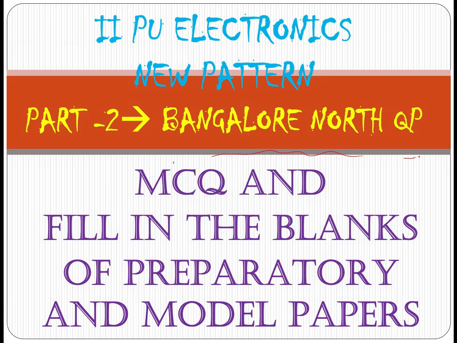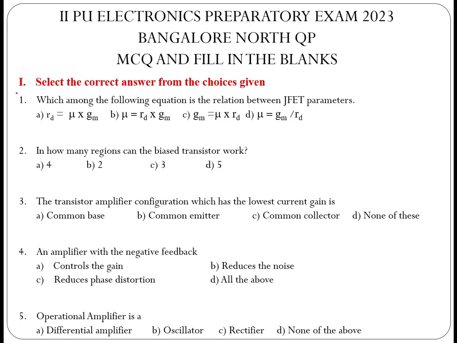Okay, let us start. Part A, first one, MCQs. Which among the following equation is the relation between JFET parameters? For your information, there are three JFET parameters. One is amplification factor, called mu.